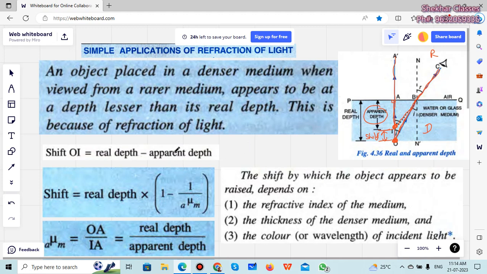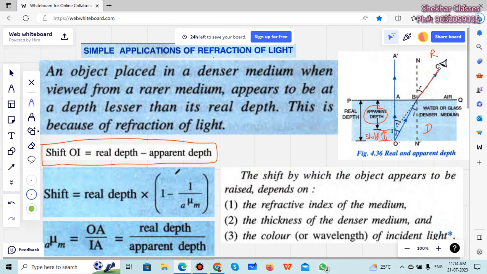So there will always be bending of light, and as long as there is bending of light, there will be a shift in the depth. This is the formula we have: shift, which is OI in the case that we have here, is equal to real depth minus apparent depth.